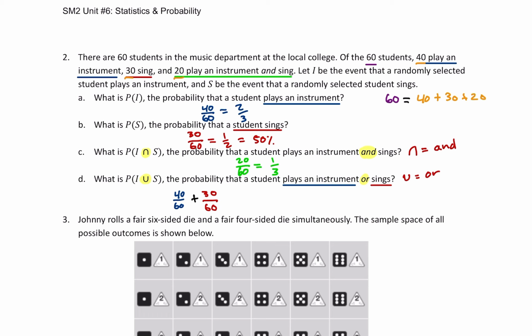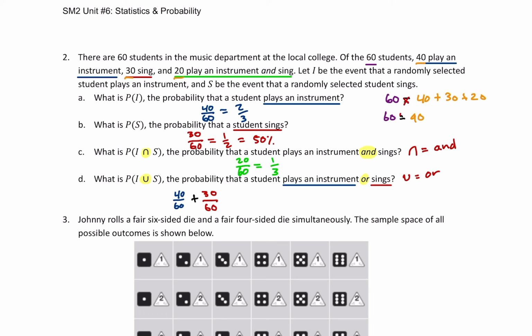Well, in this case, we end up with 60 is equal to not 60 here. This is actually 90. So it didn't work out that those are equal. In other words, these are not mutually exclusive.